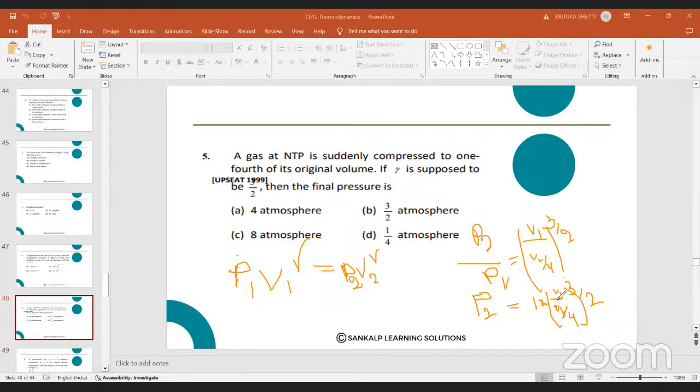V1 cancels, giving 4 to the power of 3 by 2. Priya is saying option C, 8 atmosphere. Yes, correct answer. 4 cube is 64, and the square root of 64 is 8, so option C is the correct answer. So please copy down, students. Then we will see the next question.